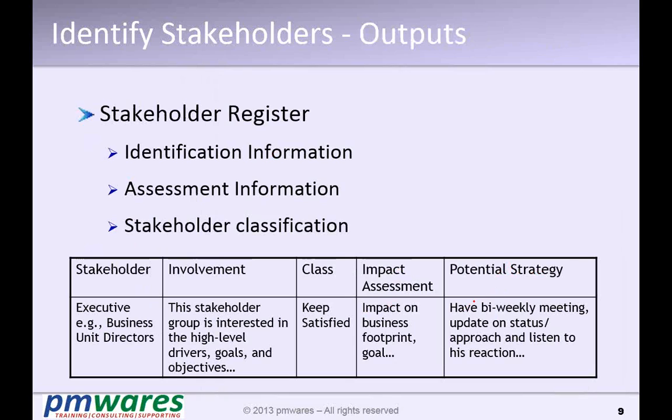Therefore, we create a stakeholder register. Whomsoever we have identified, we put this person's name here: what exactly he is doing, how he is involved in the project, which class, keep satisfied or manage closely, what impact he can have, what kind of influence he has on the project, and then a strategy to engage and mitigate this impact.